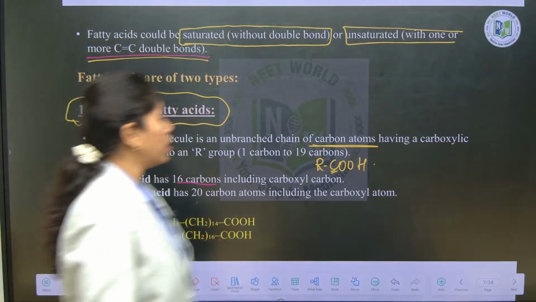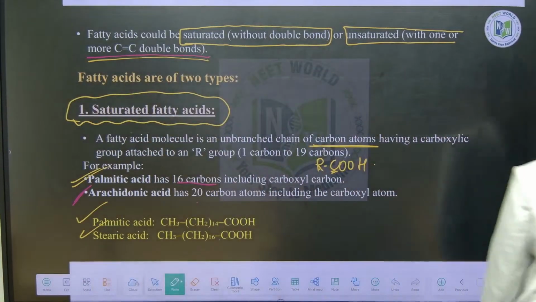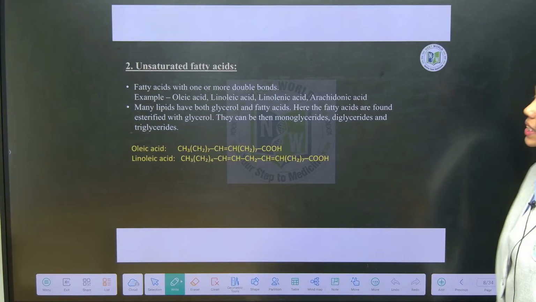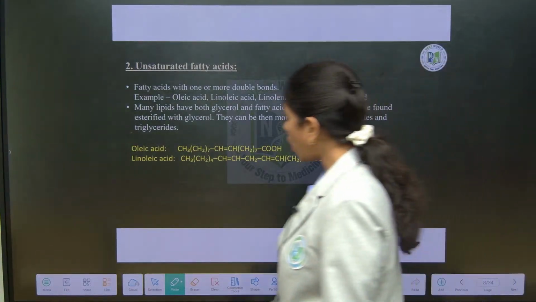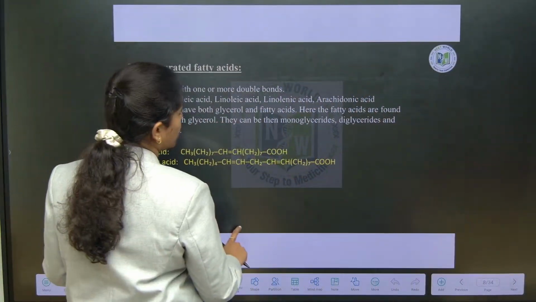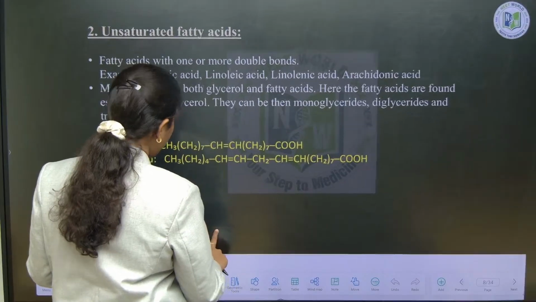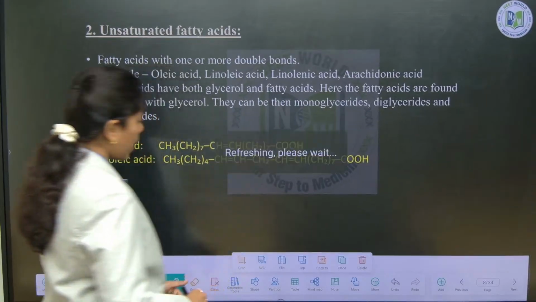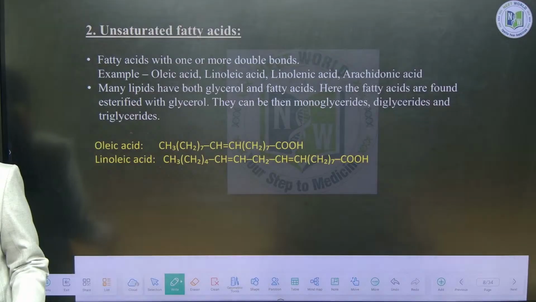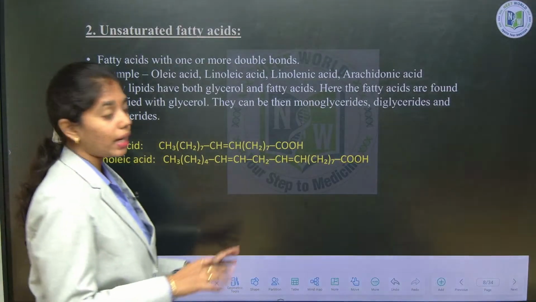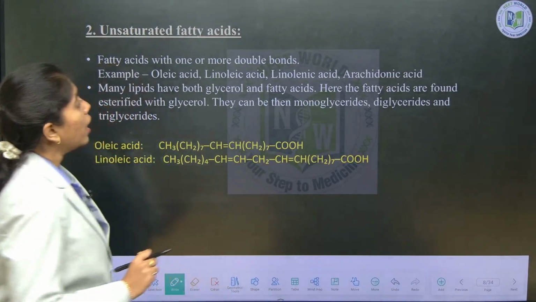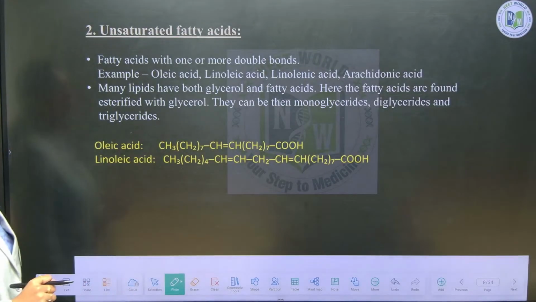Fine, right? Now we'll move on to unsaturated fatty acids. What are the examples of unsaturated fatty acids? Remember, it is very important to know the examples of saturated and unsaturated fatty acids.